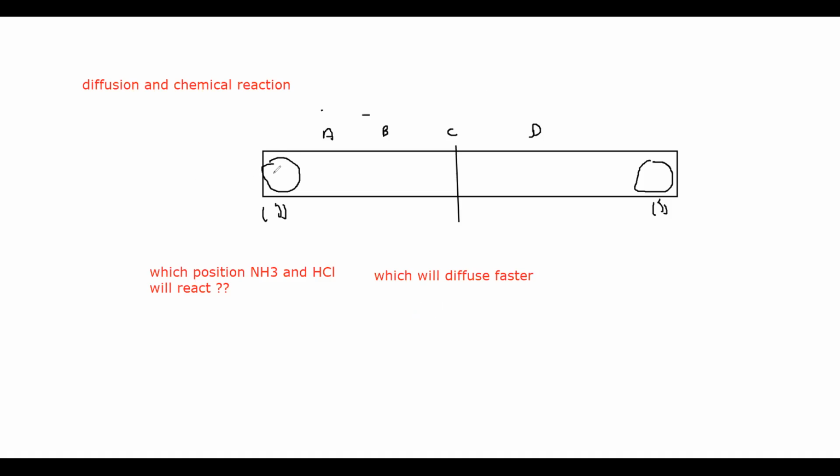On this side you have a gas which is CH3NH2, and on the other side you have a gas which is CH3Cl. And I'm telling you the mass of each element, though you can use a periodic table.